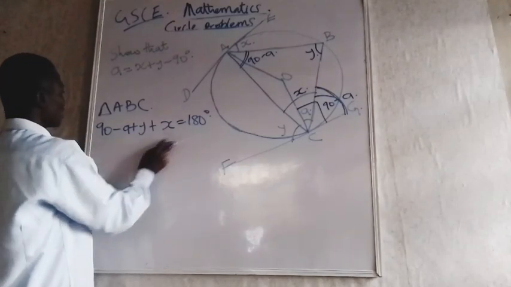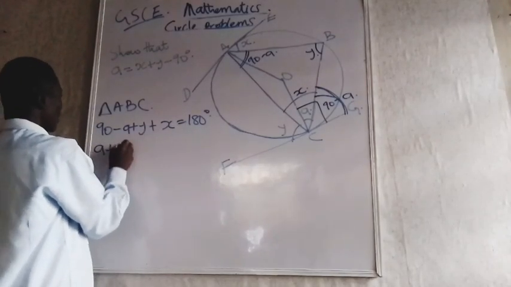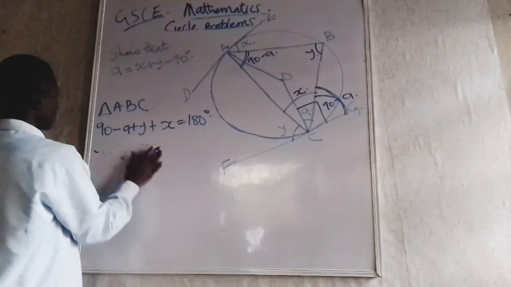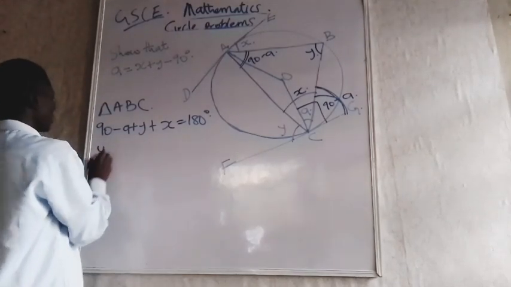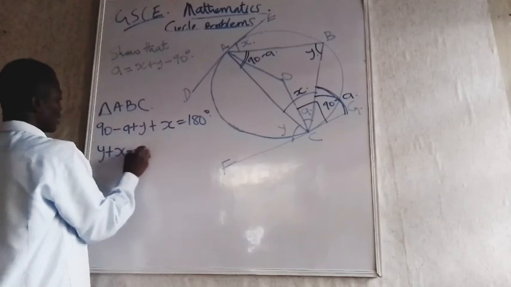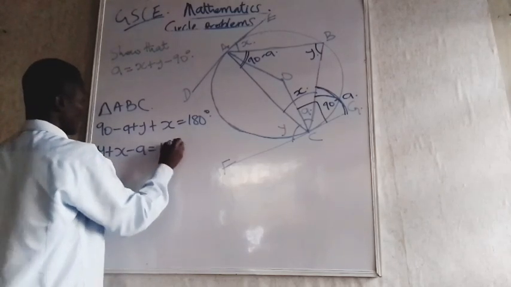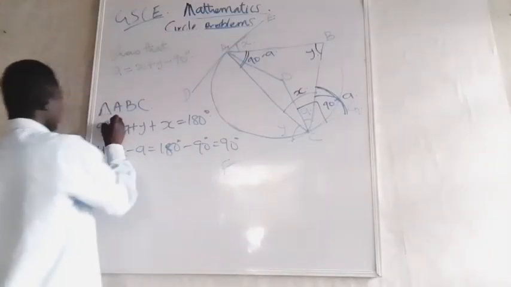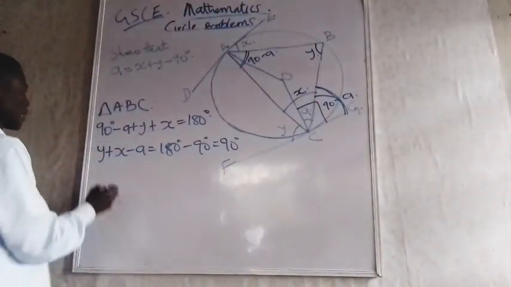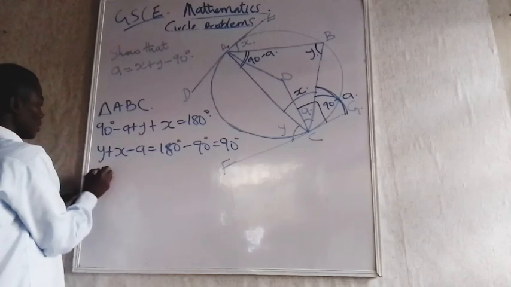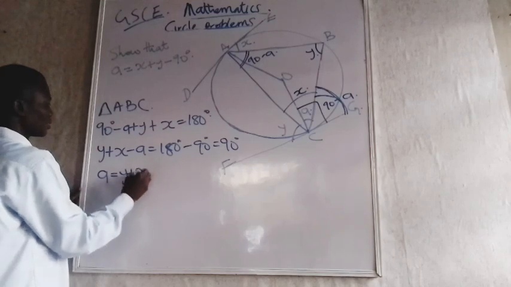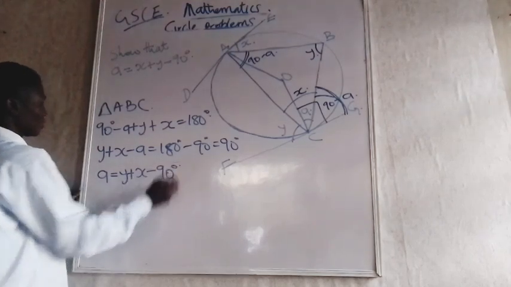So, sorry, we can now say that Y plus X minus A is equal to 180 degrees minus 90 degrees, which is 90 degrees. So from here, we can now say that A will be equal to Y plus X minus 90 degrees.